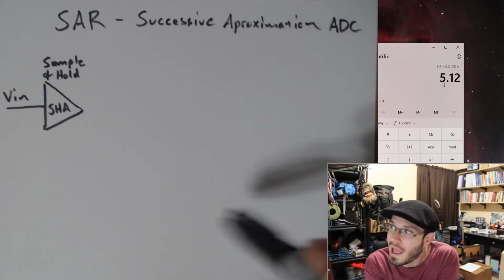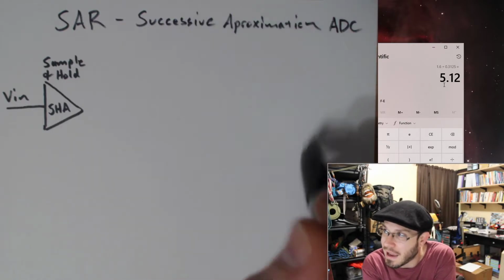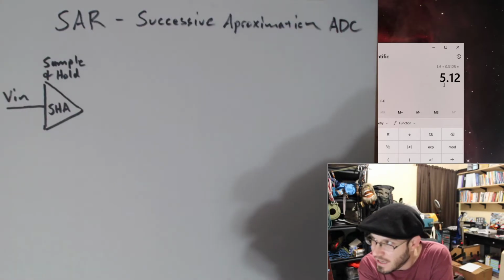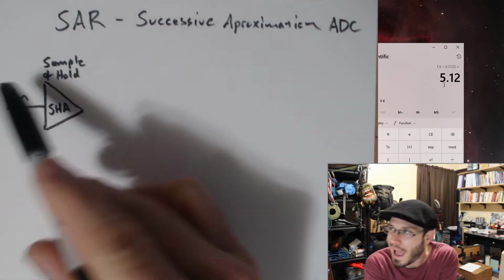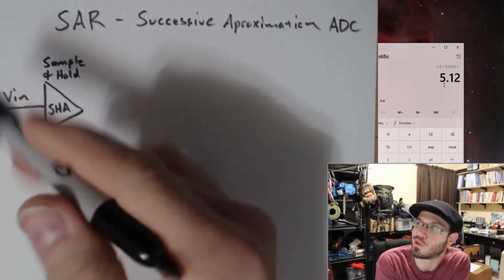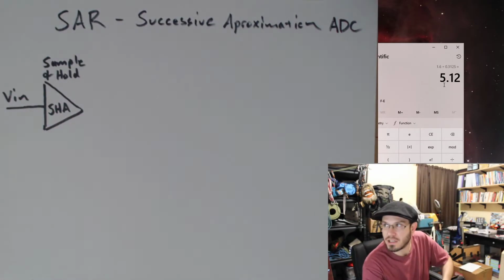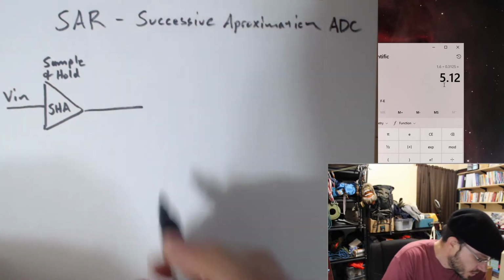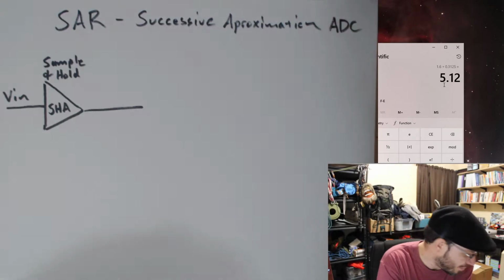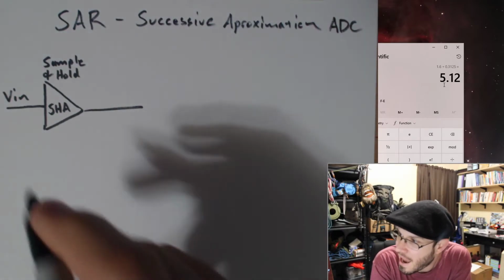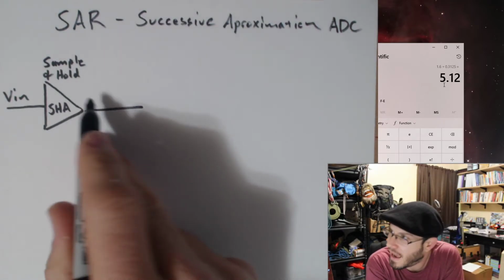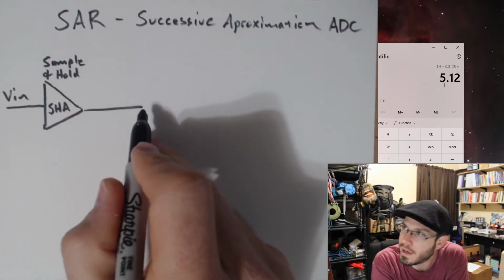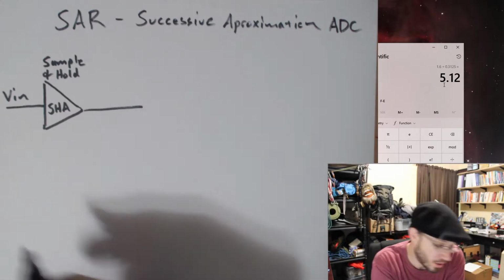Since it's going to take some time to do this, we don't want our Vin to change on us as Vin is going up and down and changing voltage on us. So that's the reason for having this sample and hold over here. Now, what are we going to do with that value once we've sampled and held it? We're going to do a comparison on it.